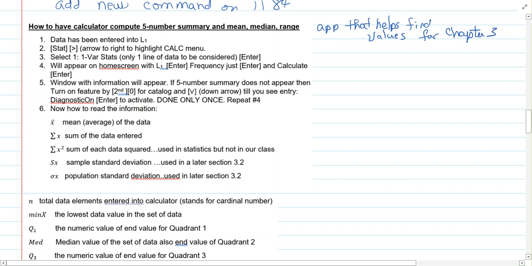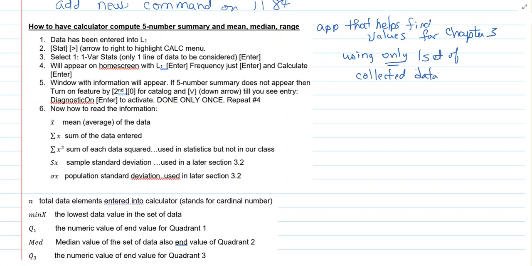Now remember the data has been entered and we're using only one set of collected data. That's important because we're not comparing, we don't have sets of data that are matched in relationship. So this is one set of data. So we've entered our data into line 1.